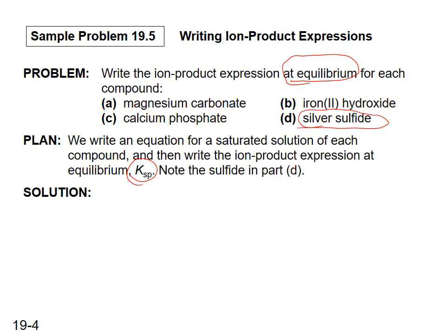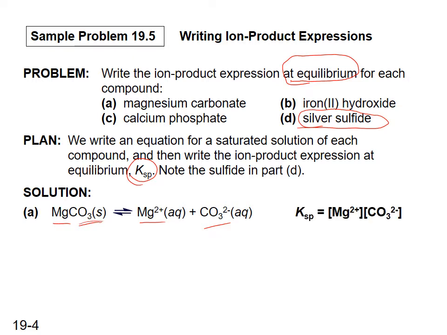So for A, magnesium carbonate. We write the reaction: magnesium carbonate, a solid, ionizes into two ions, magnesium 2+ and carbonate 2-. So remember, Ksp is similar to the equilibrium constant, but ignores the reactants because it's a solid.